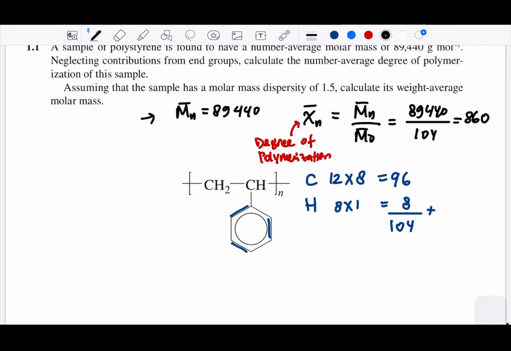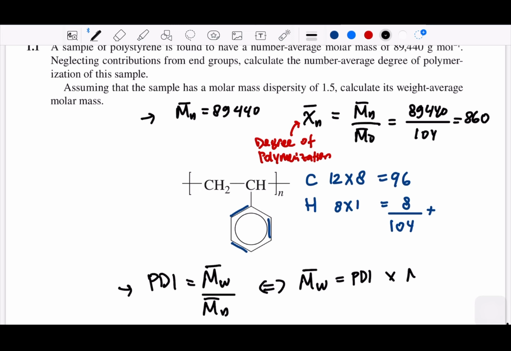This is the first question. The second question, dispersity 1.5. So dispersity is the molecular weight average divided by the number average. So the weight average is dispersity multiplied by the number average.